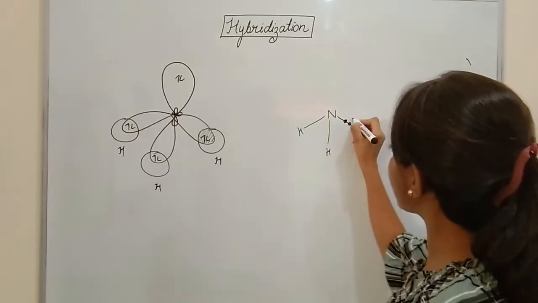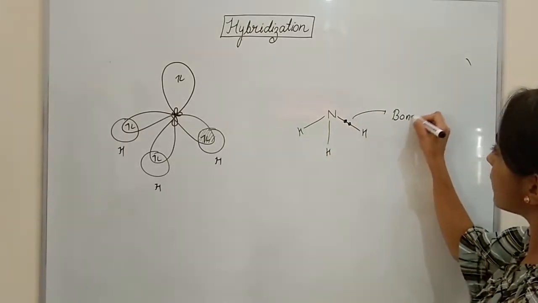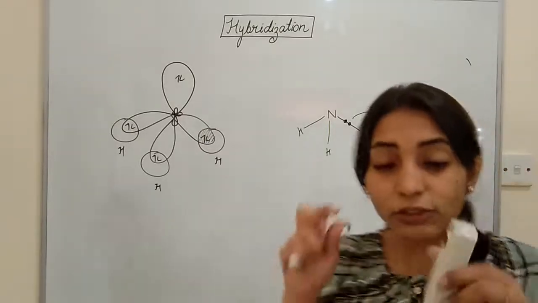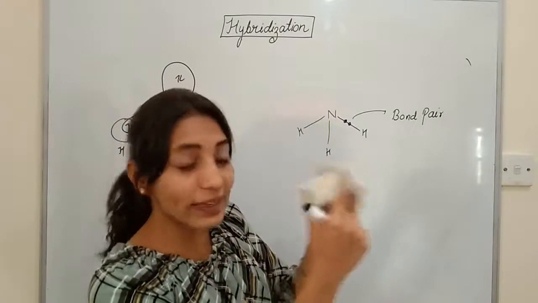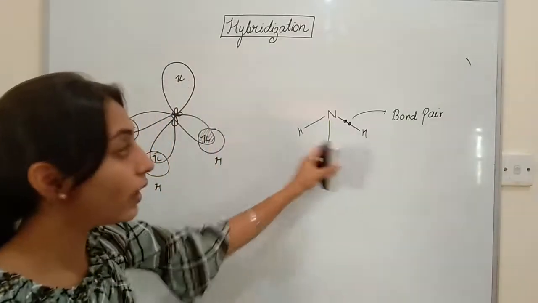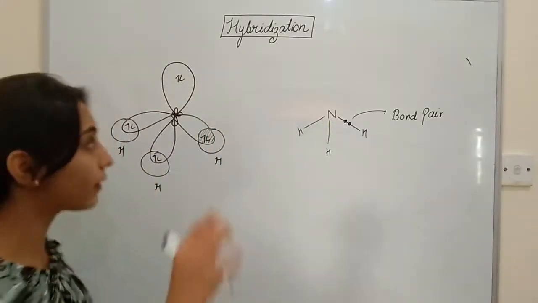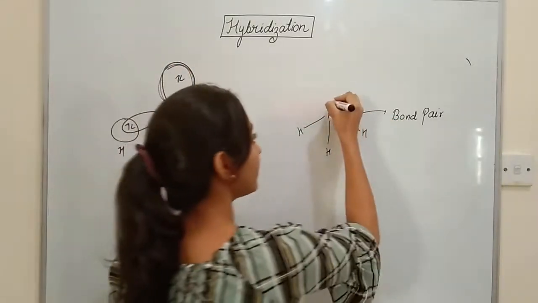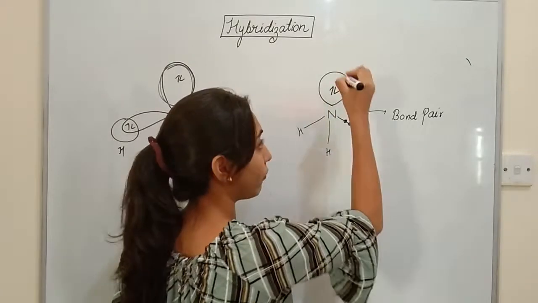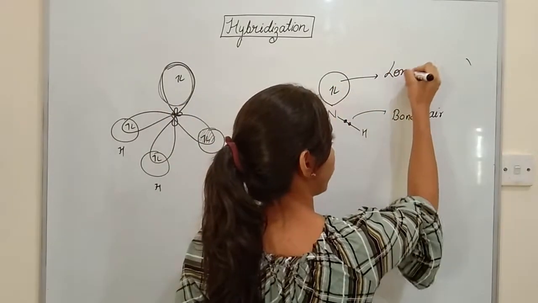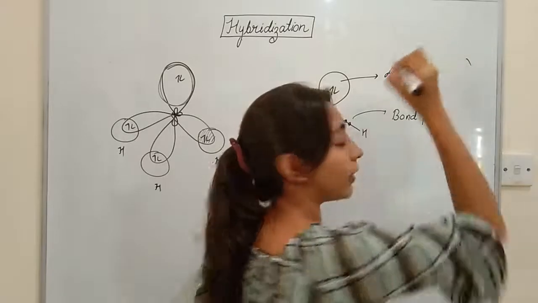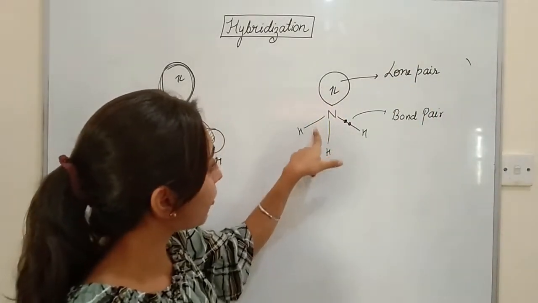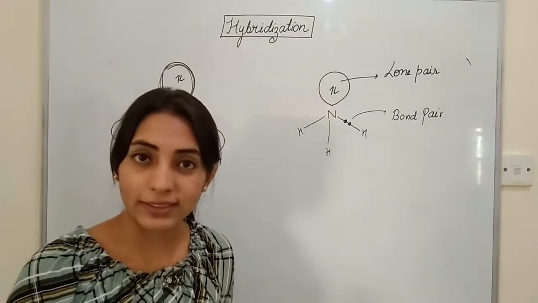And these electrons are said to be the bond pair electrons. The 2 electrons which are taking part in bond formation are said to be bond pair of electrons. But this pair of electrons which is just lying there, not taking part in bond formation, is said to be the lone pair of electrons. Understood? So these are bond pairs, bond pairs, bond pairs, and this is the lone pair of electrons.